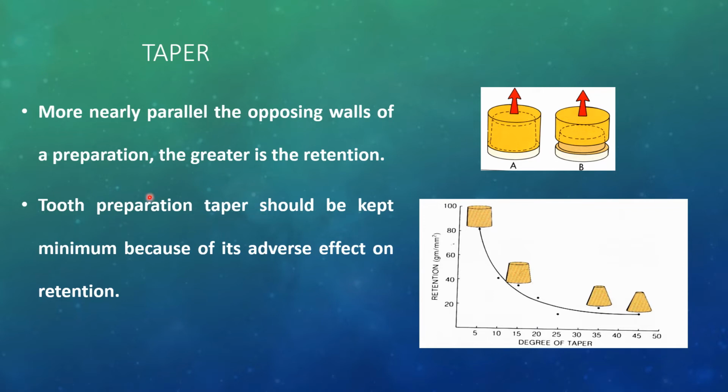Tooth preparation taper should be kept minimum because of its adverse effects on retention. Of course you cannot give a lot of taper, but as advised and as much as required you should be able to give that.